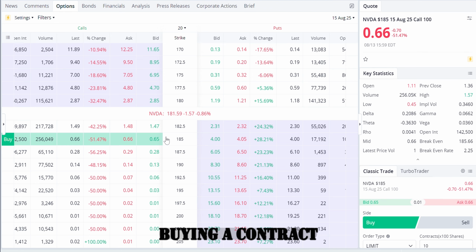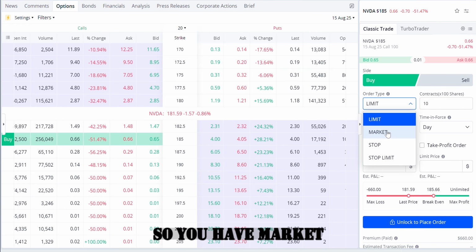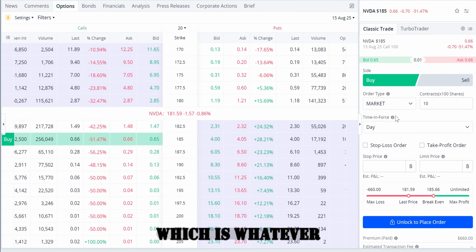When you're buying a contract, you always want to use the buy to open order type. You have the market order type, which is whatever the market is asking for that contract, I'm going to pay it. So when I put this order in, it's asking $66. By the time I put it in and the brokerage accepts, the price of that contract could have moved up to $70.